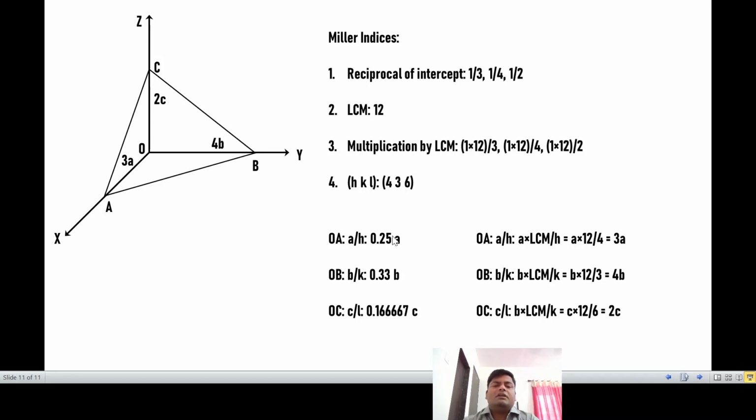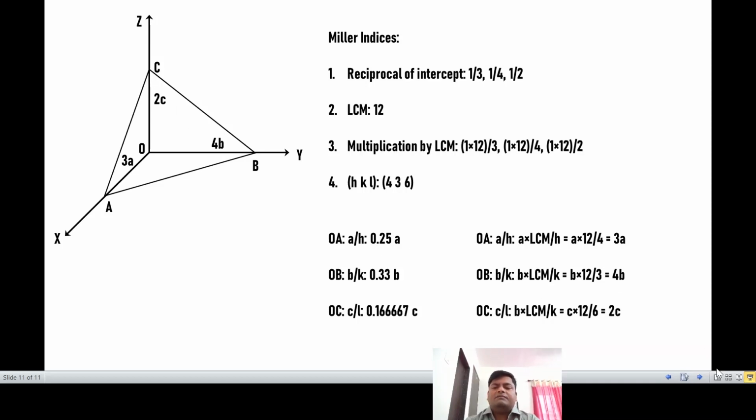So in order to get the same values 3a, 4b and 2c as the intercepts, we have to multiply these ratios by the LCM. So for OA, when we multiply by the LCM 12, we get 3a. Similarly for OB and OC, we will get the same intercepts as in the plane.